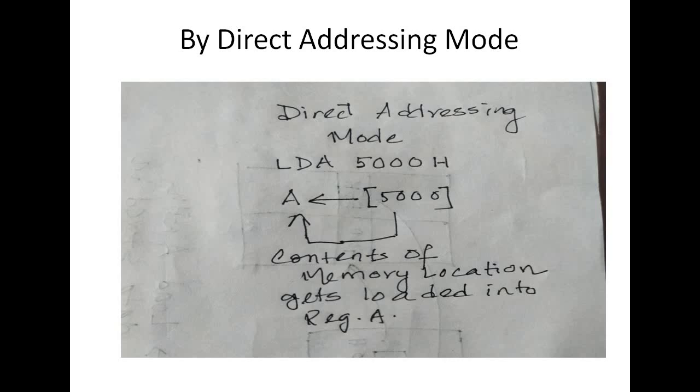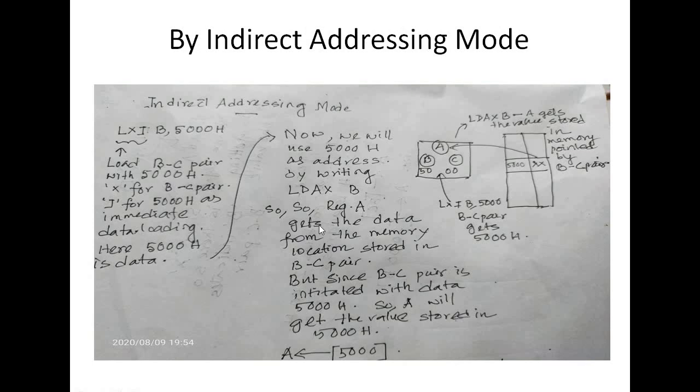We can load the data of the 5000 memory location simply by writing LDA 5000. That is, whatever data is there in memory location 5000 will be loaded into the accumulator. Very easy.